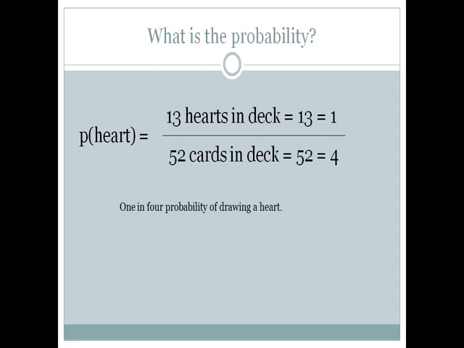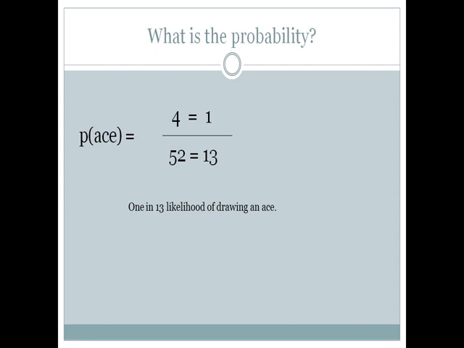For the probability of obtaining a heart, there are 13 cards that are hearts in the deck out of 52 total cards. 13 out of 52 simplifies to 1 in 4. So there's a 1 in 4 probability of drawing a heart. What is the probability of drawing an ace from a regular deck of cards? There are 4 aces in the deck out of 52 possible cards. 4 out of 52 simplifies to 1 out of 13.